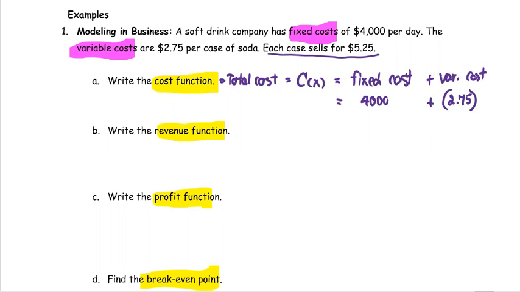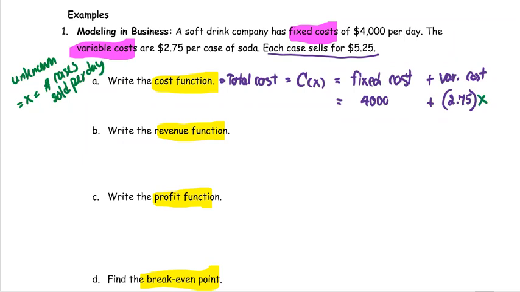So that means the unknown, I'm going to put a note here, would be x, which means the number of cases sold for the day. So the variable cost is going to be $2.75 multiplied by x.